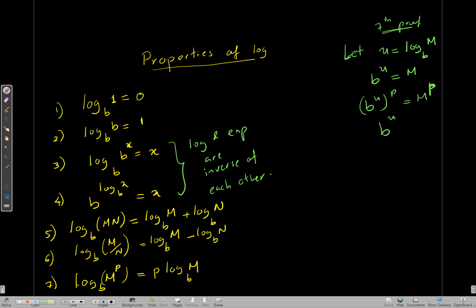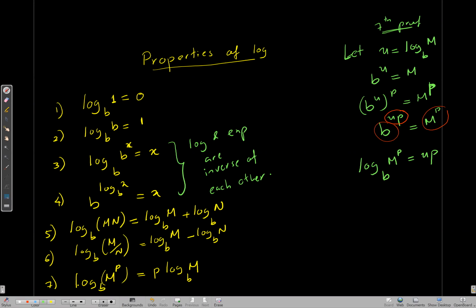So b to the up is going to be m to the p, right? Now if I convert this into log, log base b of m to the p equals up, right? Because here now I'm taking this as my exponent, this as argument and this as my base. Think about it for a second.